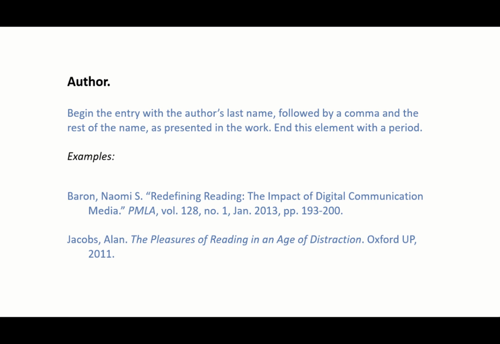Let's look at the first one: last name Barron, comma, Naomi S., period. That's how it's always going to look. If there's not a middle initial on the source, then you don't need to include it, like the example below where it just has Jacobs, comma, first name, period. We'll discuss multiple authors a little later, but for now let's keep it simple and straightforward.